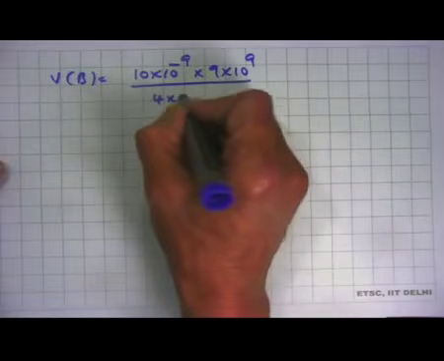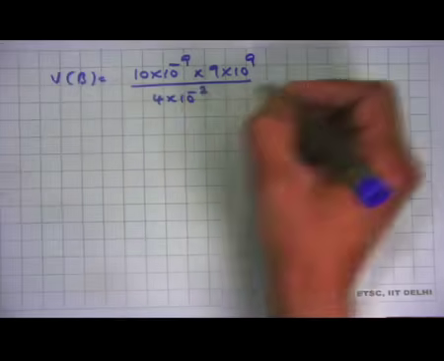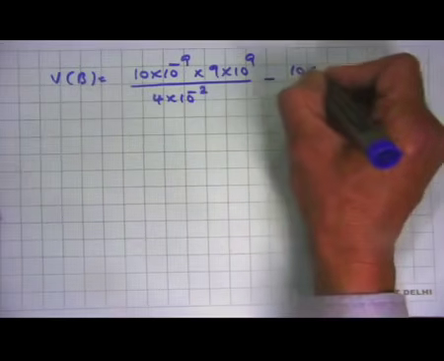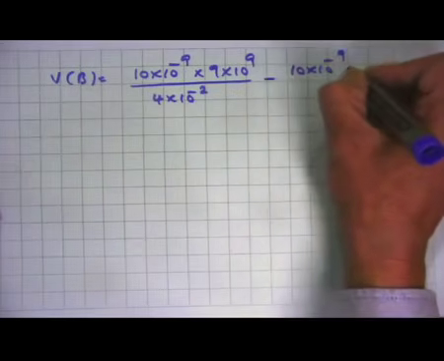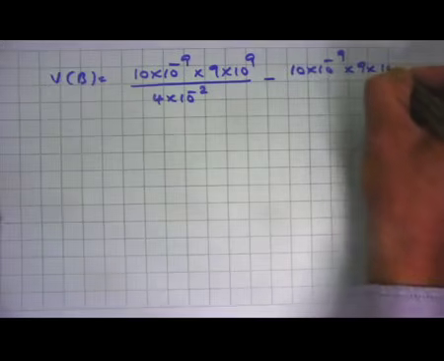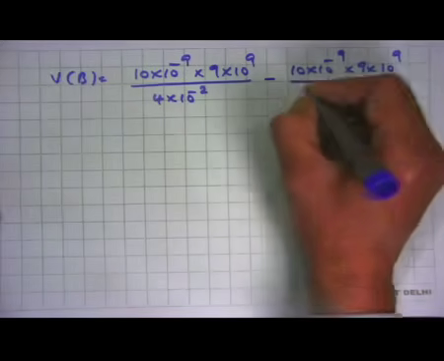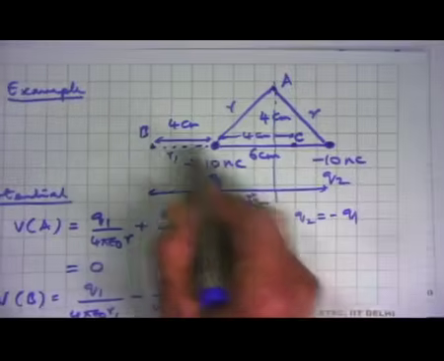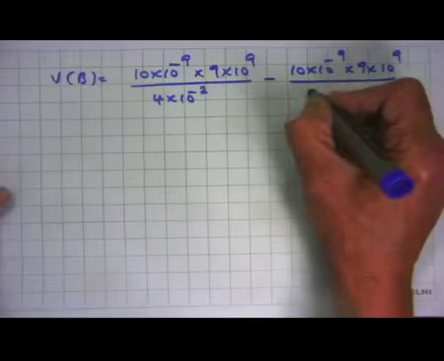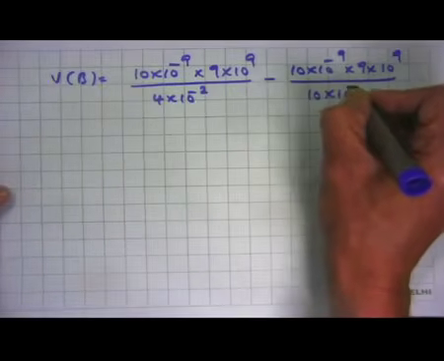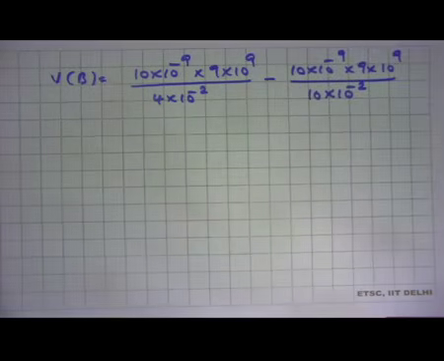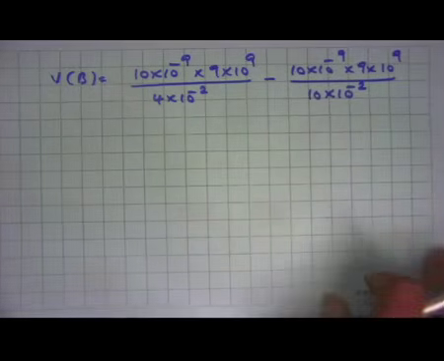So, 4 into 10 to the minus 2, minus 10 nanocoulomb, 4 pi epsilon 0 term here divided by r2, which is 4 plus 6, 10 centimeters. Please be careful with units, I am using SI units everywhere.